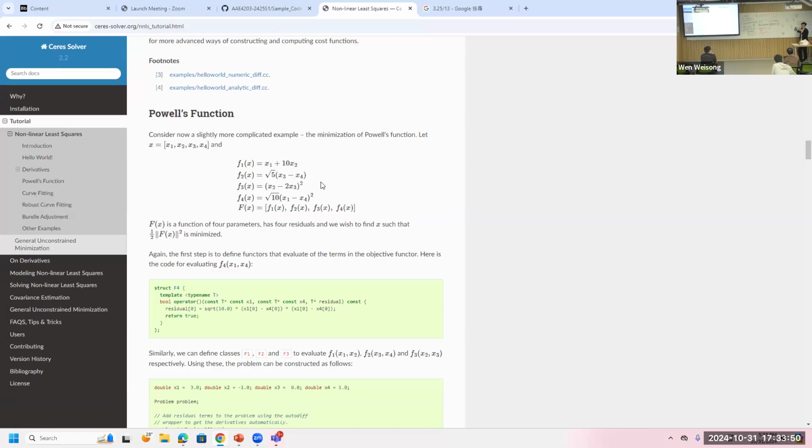The output of the path planning problem is, for example, n waypoints: the first waypoint x1, y1, the second x2, y2, x3, y3.